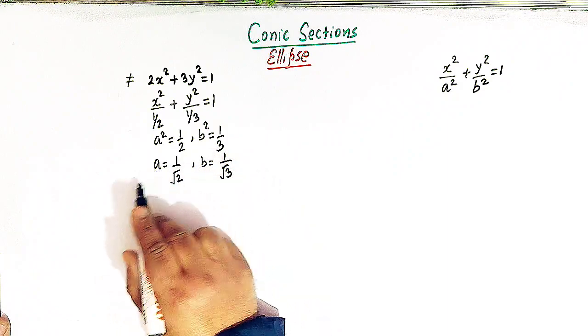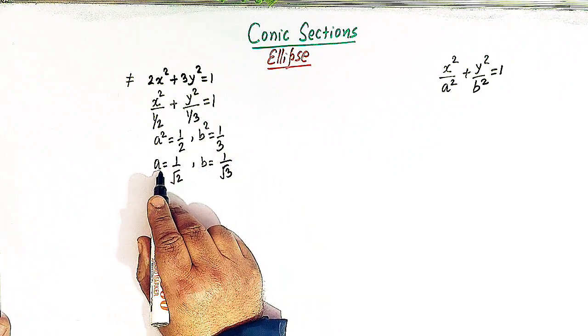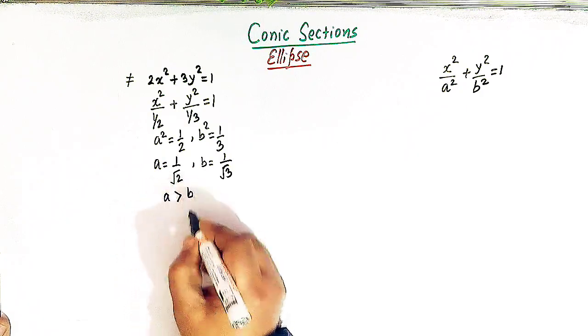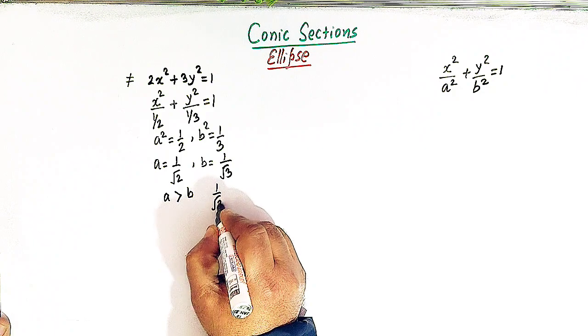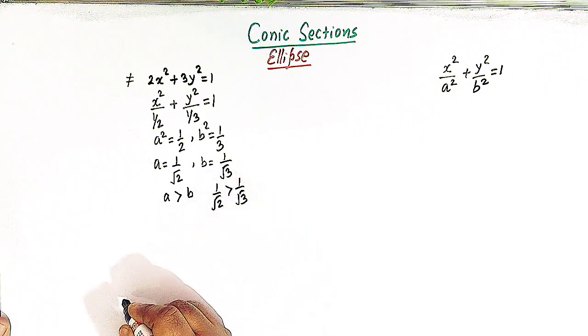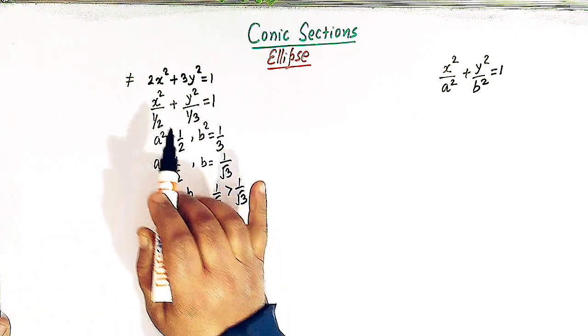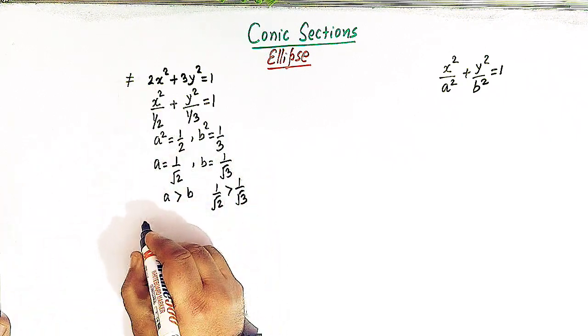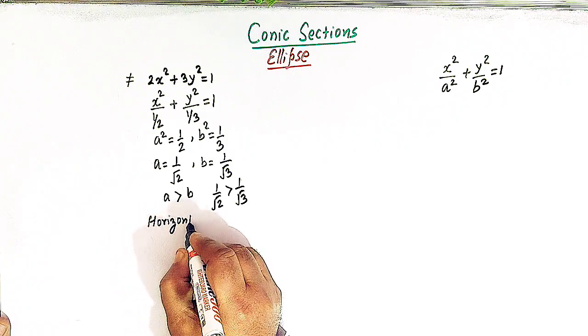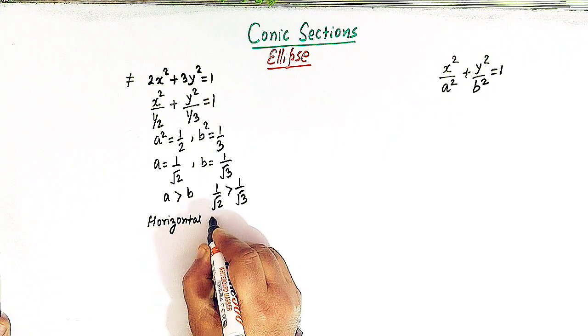Right? And if we look at the values of a and b, then we can easily see that a is greater than b, because 1 over square root of 2 is greater than 1 over square root of 3. Right? So it implies that the given ellipse is a horizontal ellipse. Right? So this is a horizontal ellipse.